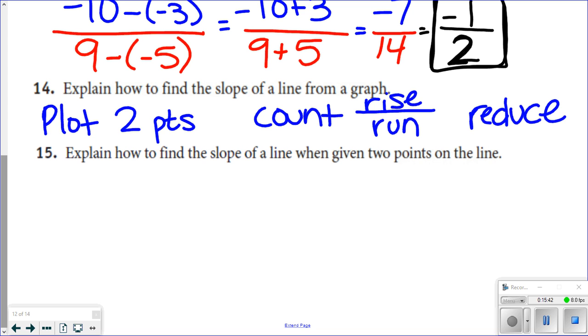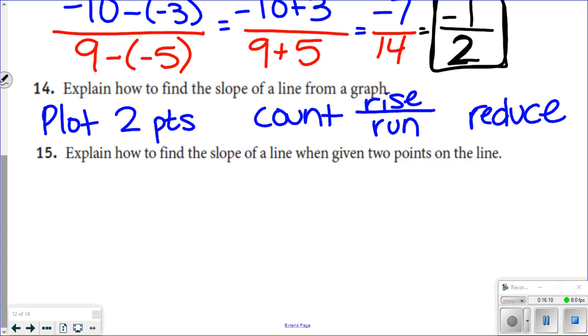Question 15, I want you to come up with something. Explain to someone else how you would find the slope of a line if you're given 2 points, 2 ordered pairs, an x and a y. If we're given 2 points, we're going to use those 2 points to find the difference in my y values.